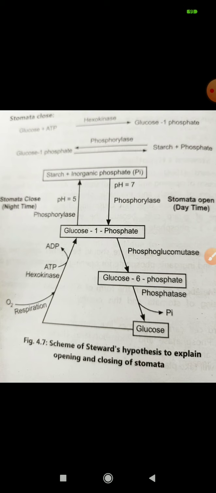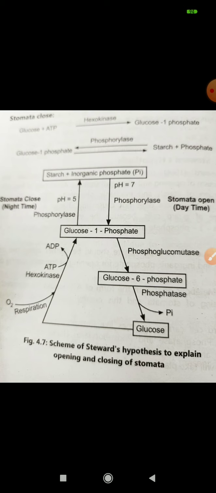Now we will see how stomata open and close as given by Stewart. So during opening of stomata, pH remains high. That is, during daytime, how stomata open under high pH condition.